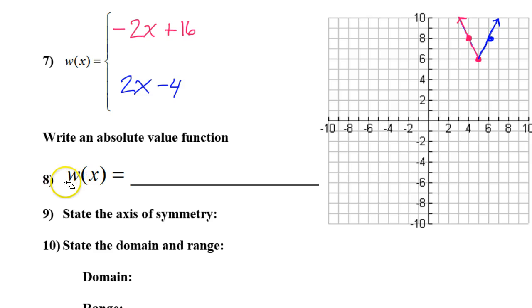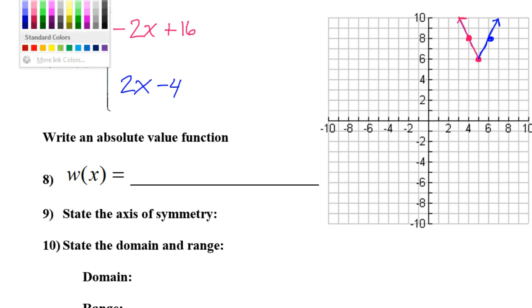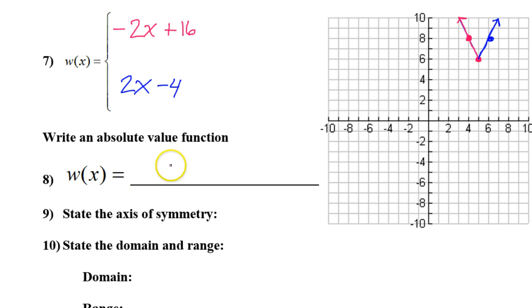Now, for number 8, we're supposed to find an absolute value function for this same thing. When they ask us for an absolute value function, that means with this type of symbol, the absolute value symbol. Again, that vertex, remember, was 5, 6.